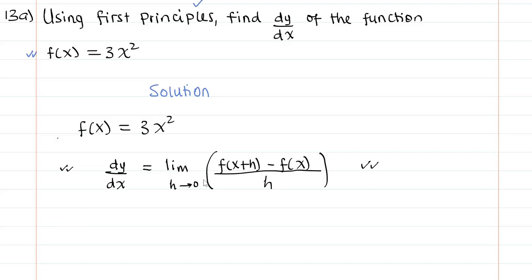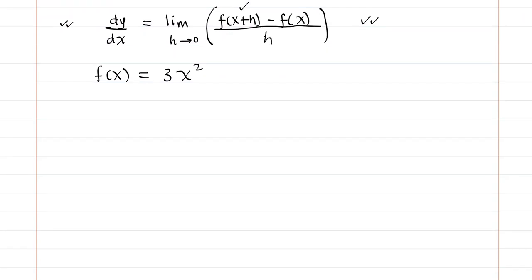So for us to find f of x plus h, we say we are given the function f of x as 3x squared. And then how do we get f of x plus h? Simply what we do is, wherever we find x in this given function, we put x plus h instead of x.